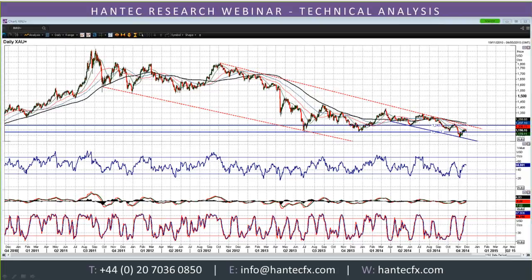There's not really a great deal else I can say about that. But they do have a tendency to form as support and resistances change and move, and old support becomes new resistance, etc.